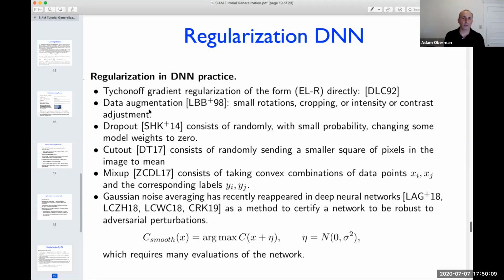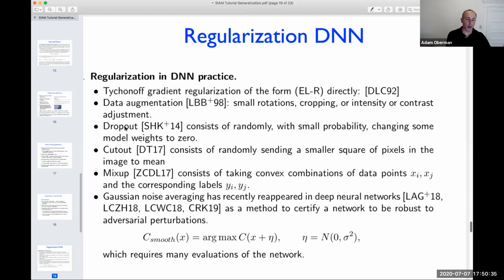There are other types of data regularization too. Dropout was considered regularization. Cutout is similar to these other things. Mix up, and so on. The reason these things are famous in the community is that when these papers came out, adding this extra bit of regularization improved the results so that they beat the state of the art, and that was a big deal.